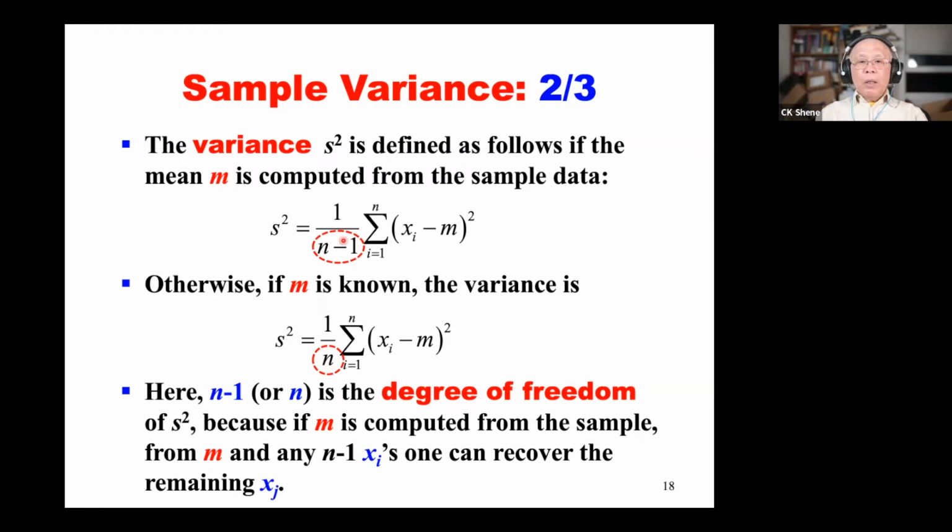This n minus 1 is the degree of freedom of the S squared. Why? Because if m is computed from the sample, then from m and any n minus 1 xi's, one can recover the remaining missing xj. So we only need n minus 1 data values and the calculated m to recover the remaining missing xi.